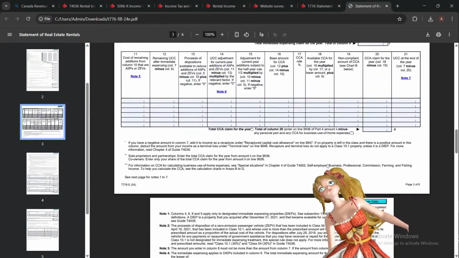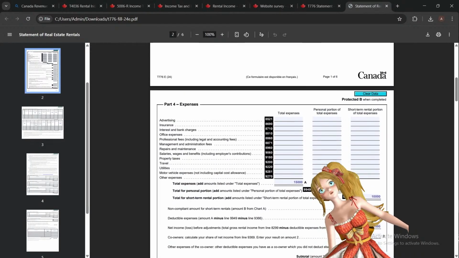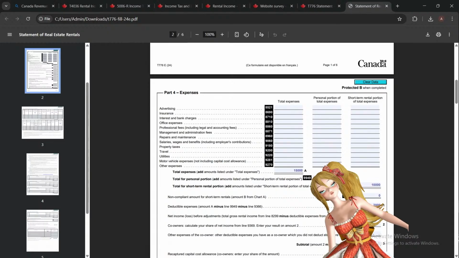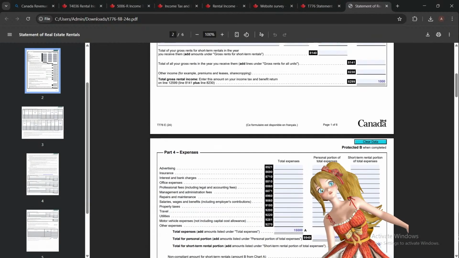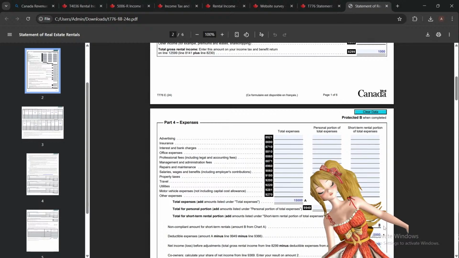Oh, that makes way more sense. Okay, so if the non-compliant amount is 0, then deductible expenses would be 10,000 minus 0.